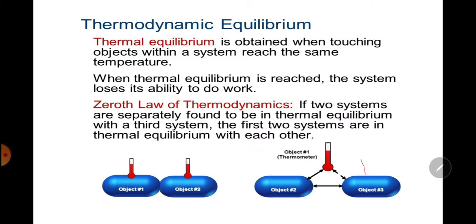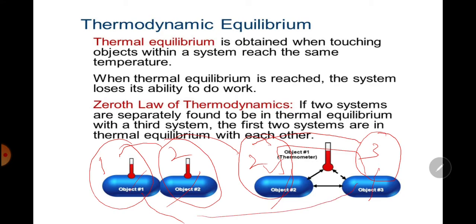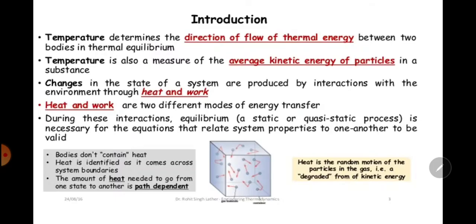If the third system is in thermal equilibrium with the second one, and the second one is in thermal equilibrium with the first one, then the first one is in thermal equilibrium with the third one. This is the zeroth law.